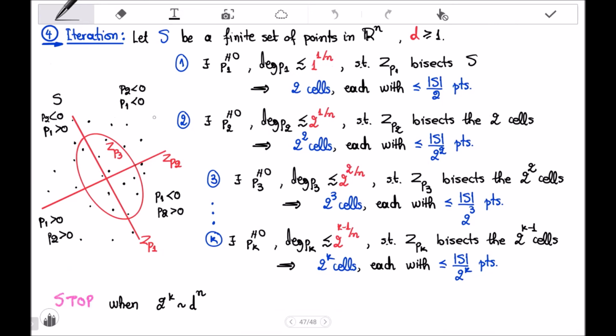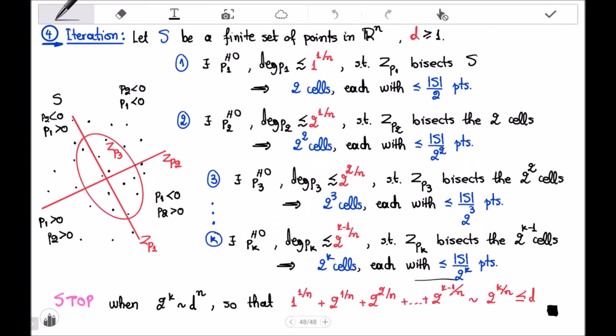And you see that you have essentially split your picture into at most equal parts with these red zero sets simultaneously. These red zero sets, united together, are the zero set of the product of all these polynomials. So the zero set I'm using has degree at most the sum of the degrees that I used all the way. And you see that this is a geometric progression with ratio 2 to the 1 over n.